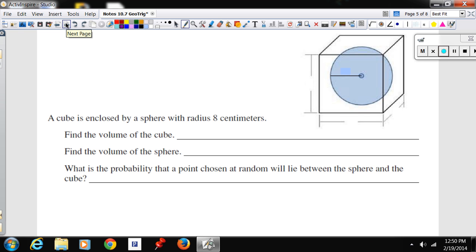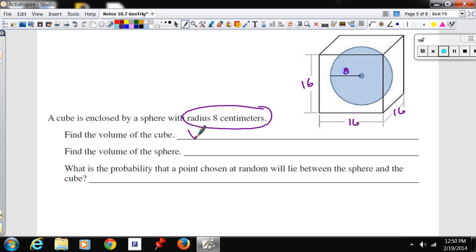It says a cube is enclosed by a sphere with a radius of 8 centimeters. So that means this is 8 right here. If that's 8, then how long is the cube if the ball fits it perfectly inside? Got to be 16 across. 16 this way and 16 this way because it's a cube. So it's going to be 16 on all 3 sides. Find the volume of the cube.